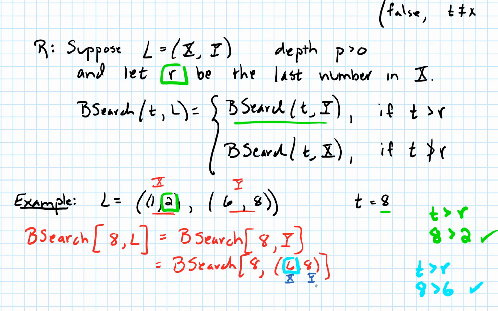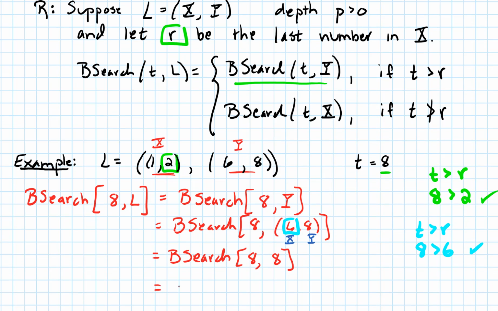We're going to get sent to the second list, namely Y. So in this case, we've got B search of 8, and we're looking in list 8, and since 8 equals 8, this is going to be true.